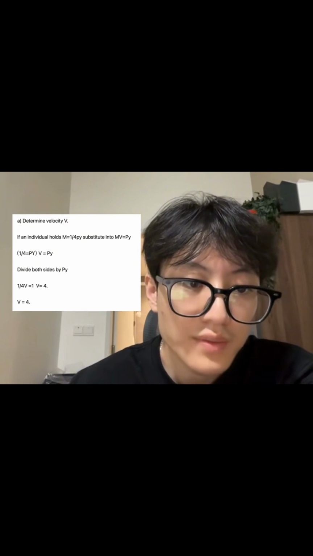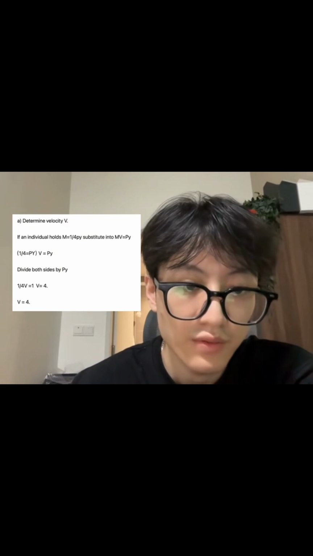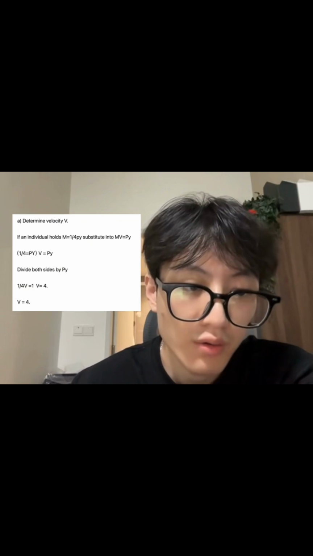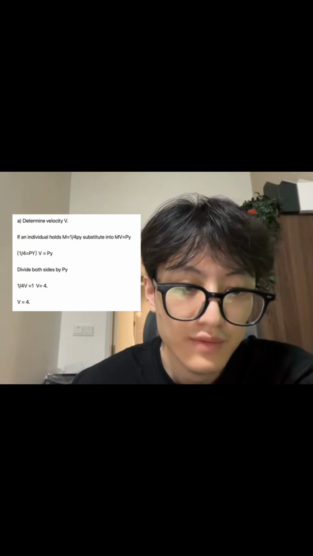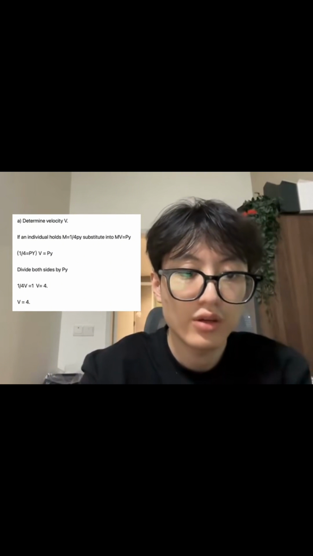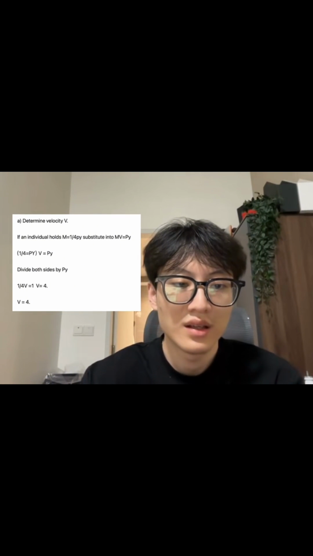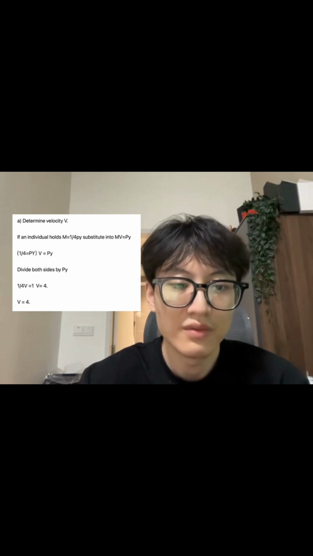Substituting this into Fisher's equation, MV equals PY, we get 1/4 PY times V equals PY. Simplifying, we find V equals 4. So the velocity of money is 4.